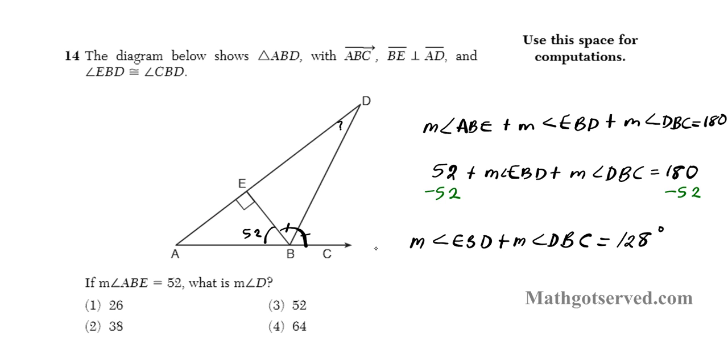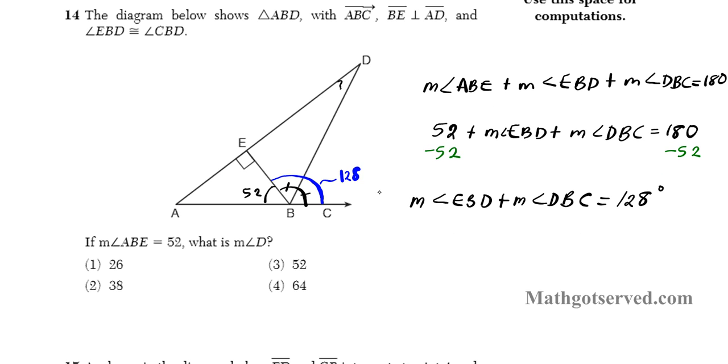All right, now what can we do next? We know that these two angles add up to 128 degrees because they are a linear pair with this angle, which is 52 degrees. But wait a minute, they are congruent, right? They're the same measure, so if I divide 128 by 2, I can get one of them. You can easily figure out that one of them is going to be 64 degrees, but let me show you the steps.